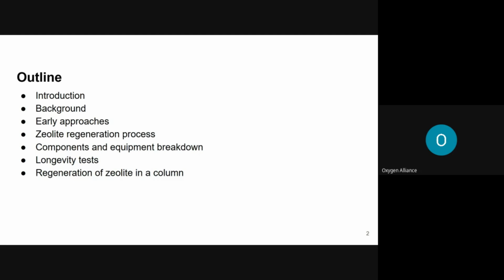We'll also share with you the background, what motivated us to start working on this project, the different approaches that we took, the zeolite regeneration process itself, different components and equipment that we used, the tests that we conducted, and we'll also talk about regeneration of zeolite in a column, which is also one of the things that we tried out. Please stick with us to the end so that you learn more on this project.